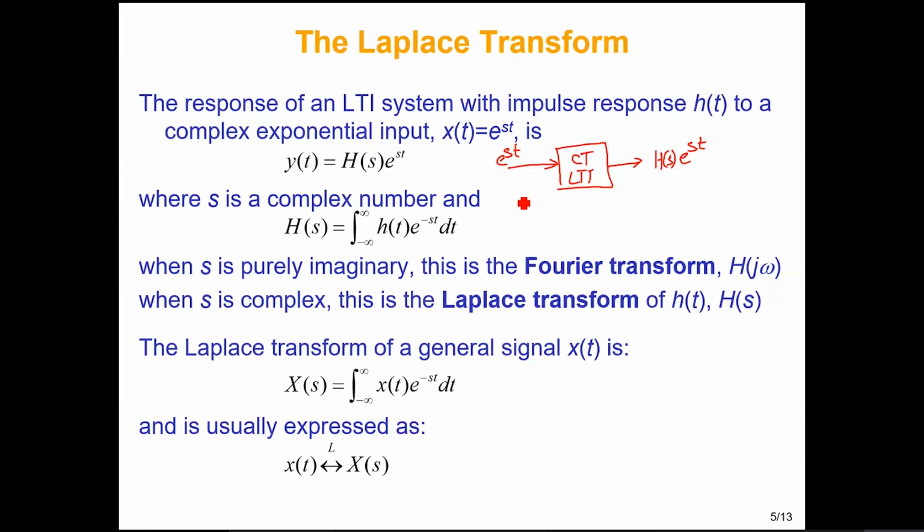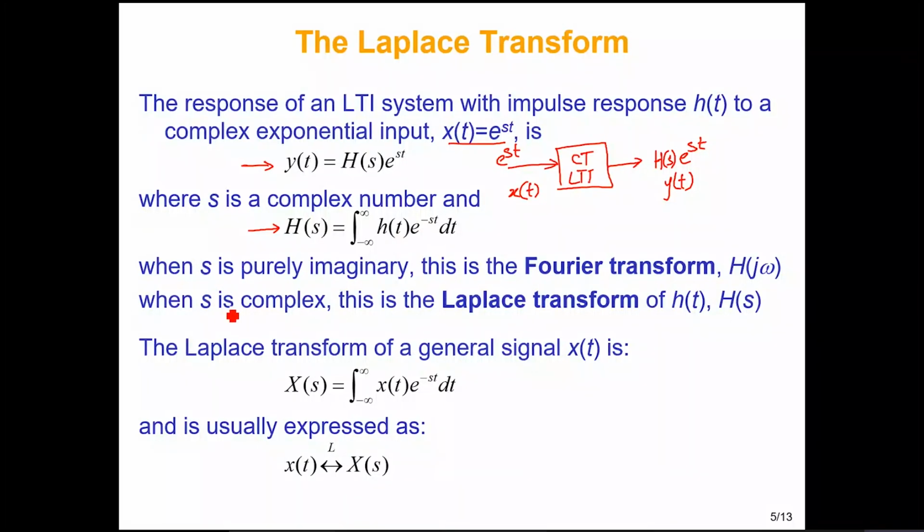So if the input is x of t, which is e raised to the power of st, then the output y of t would be h of s times e raised to the power of st. And h of s itself was the integral of h of t multiplied by e raised to the power of minus st over the whole duration, minus infinity to infinity. This was your initial exposure to Laplace transform. And this h of s is known as the Laplace transform of h of t, where s is a complex number.